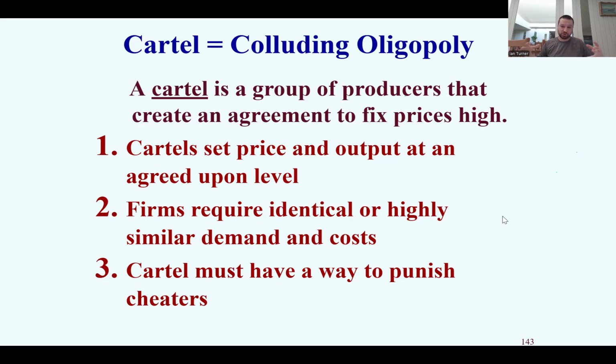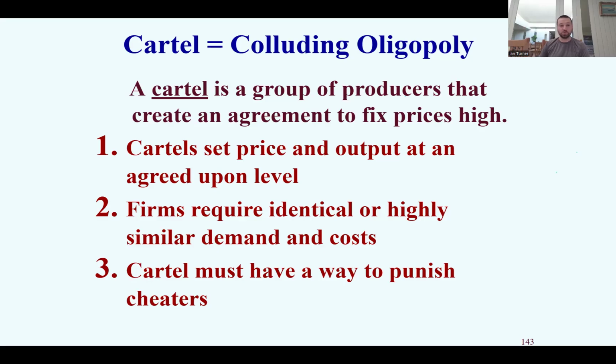All these producers and drug dealers come together and they set a price. They agree how they're going to give out the drugs and how much they're going to give out. And then obviously everybody's going to stay in line because there's some serious consequences for undercutting the prices that the cartel has set, right?